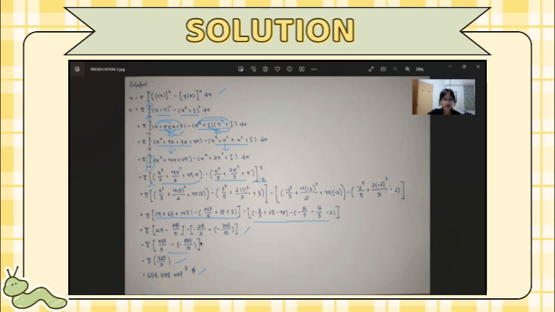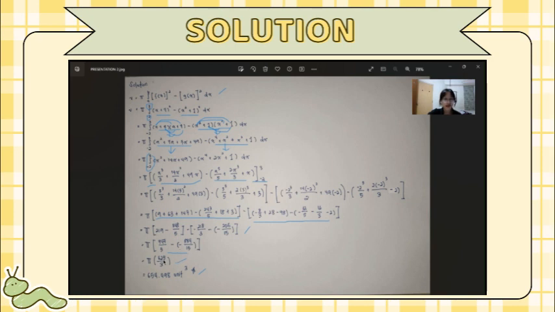After that, calculate the value in this bracket, and you will get the answer like this: 747 over 5 minus negative 884 over 15. For the last step, calculate them.